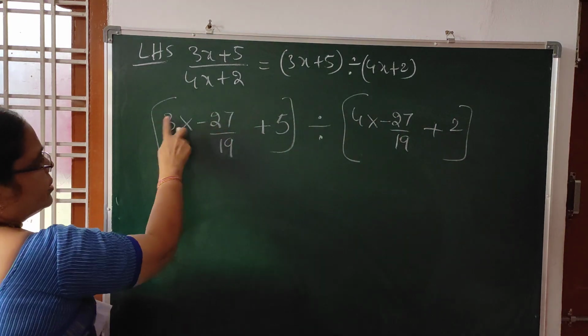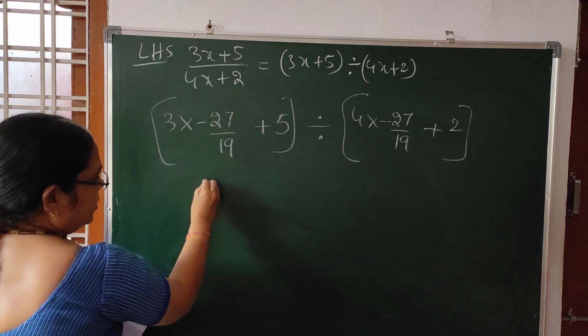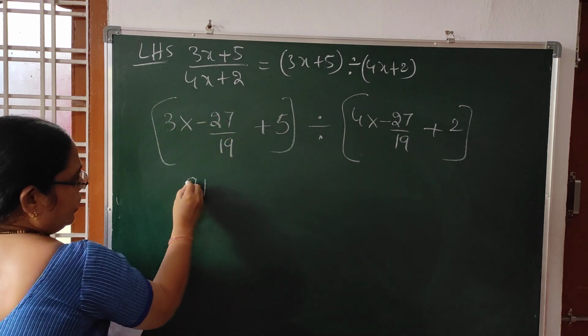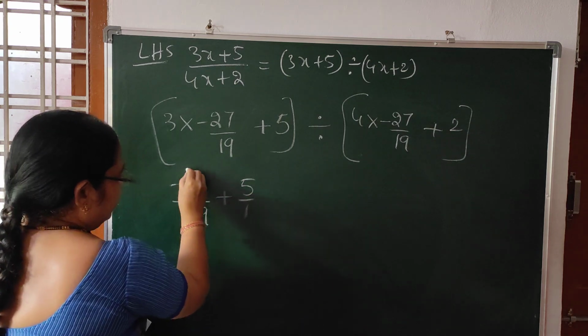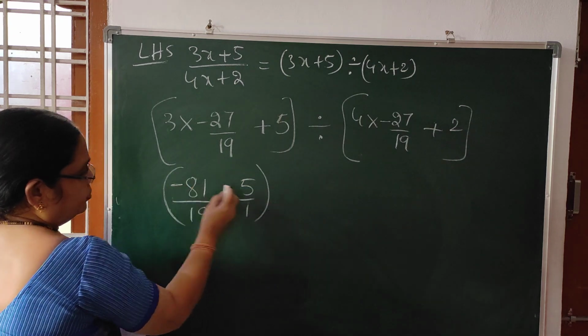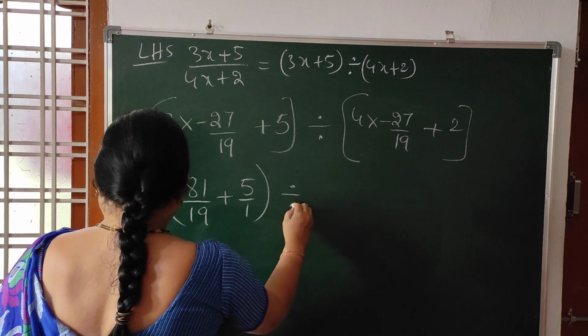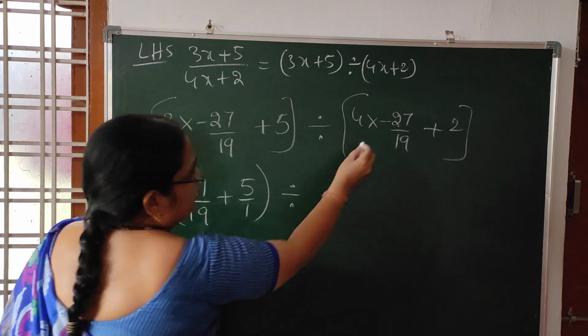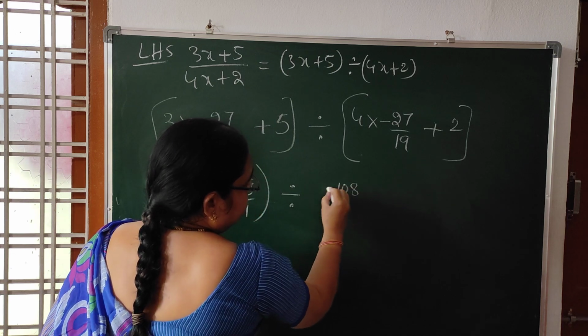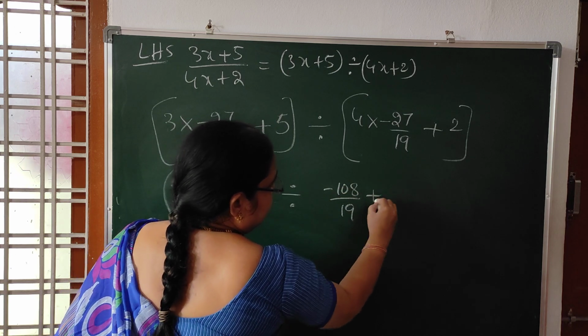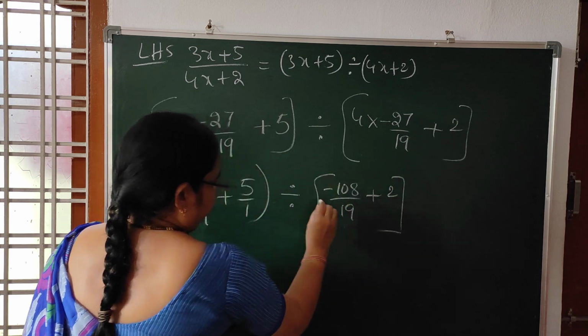Okay. So 3 sevens are 21, 3 twos are 6, 7: minus 81 by 19 plus 5 by 1, divided by 4 sevens are 28, 4 twos are 8, 9, 10: minus 108 by 19 plus 2.